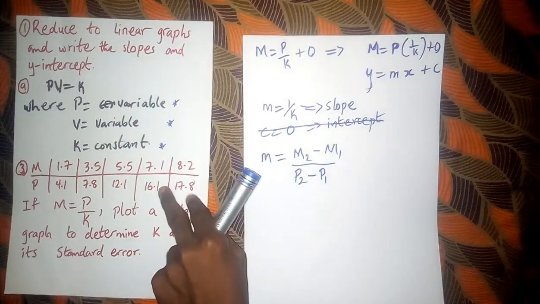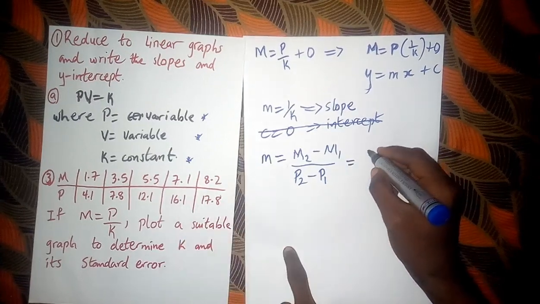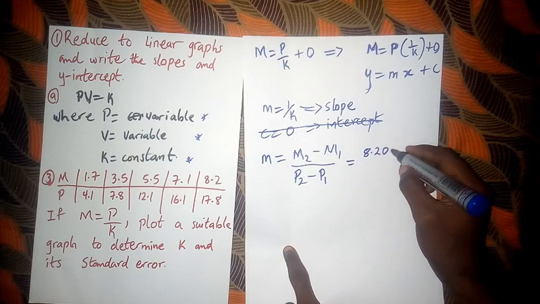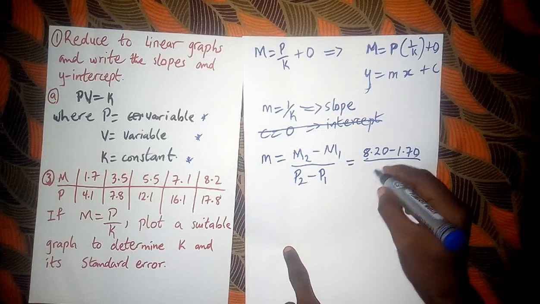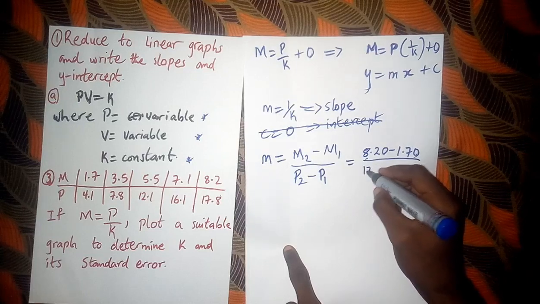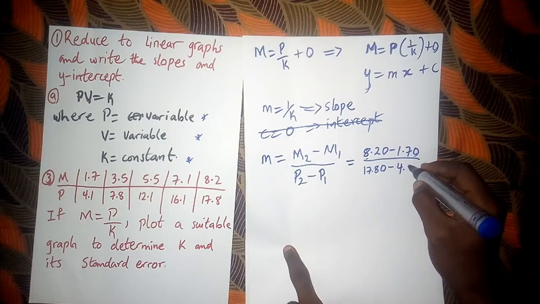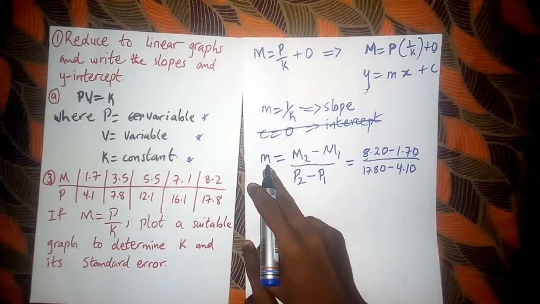If your graph is perfect like mine, m2 is 8.2, so you can put 0 at the back, minus 1.70, divided by p2, which is 17.80 minus 4.10. This is equal to our slope m.